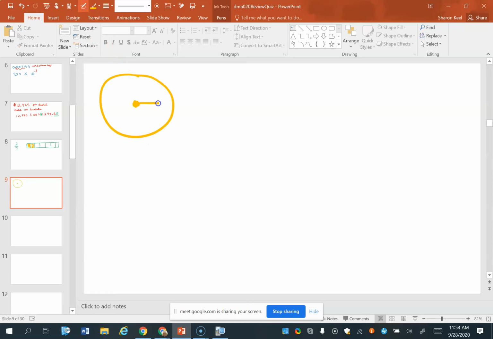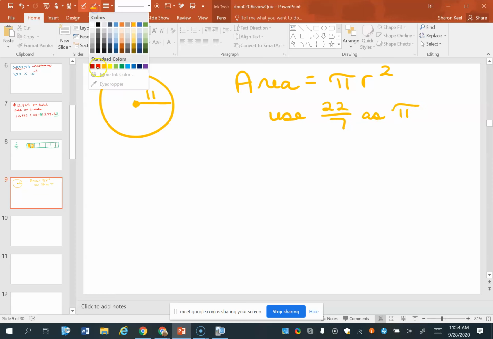The circle has a radius of 11, and we need to find two things. Well, first let's start with area. Our formula for area is pi times radius squared. You will not be given the formula. You will have to remember that. And we want to use 22/7 for pi when we do the approximation.